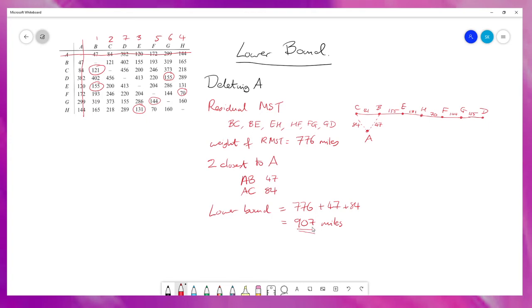So what I'd like you to do is pause the video now and repeat the process, finding a second lower bound by deleting G.